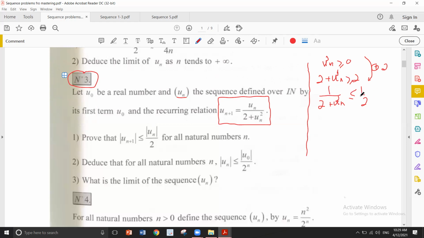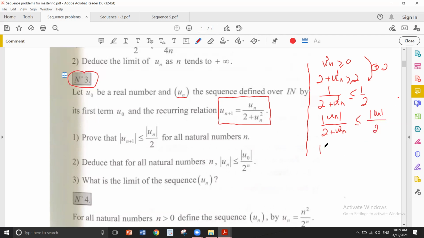عملت reciprocal. I multiply by absolute value of UN. So absolute value of UN over 2 plus U squared N is less than or equal to absolute value of UN over 2.